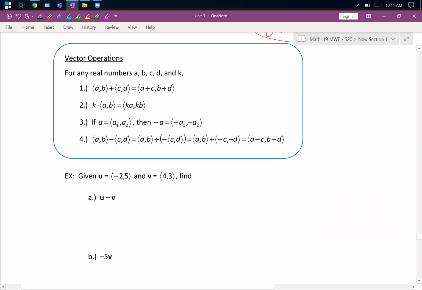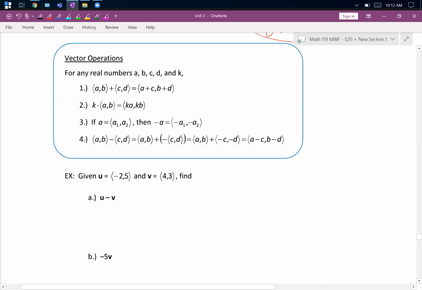All right, so we have our operations on vectors. If you want to add 2 vectors, you just add your horizontal components and then your vertical components, and that'll be your new vector. If we're multiplying a vector by a scalar, all we do is distribute that scalar to each component.